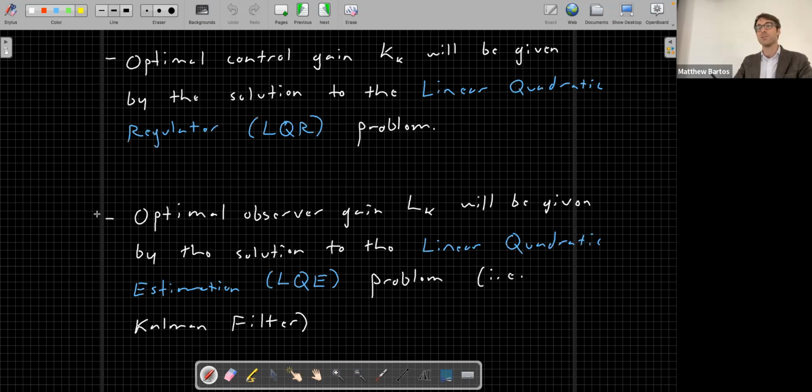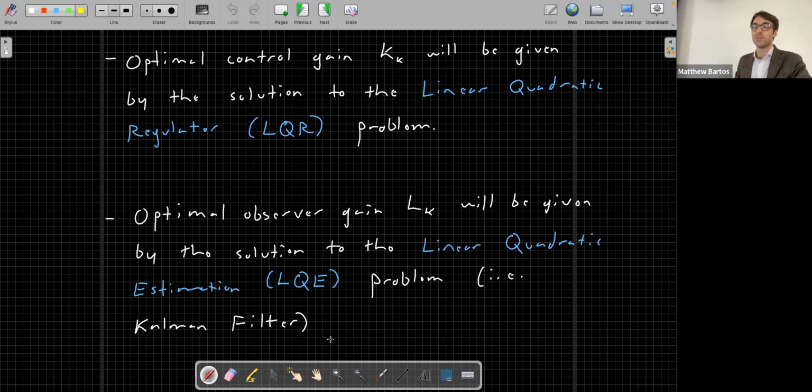In particular, we're going to be looking at two related problems. First, we'll show that the optimal control gain at each time step for this feedback control problem is given by the solution to what's called the linear quadratic regulator problem, or LQR. So this essentially finds the optimal gains for that feedback control at each time step. And I'll show you how to derive that optimization problem. The second problem, which is kind of the dual of the control problem, is the optimal observer problem.